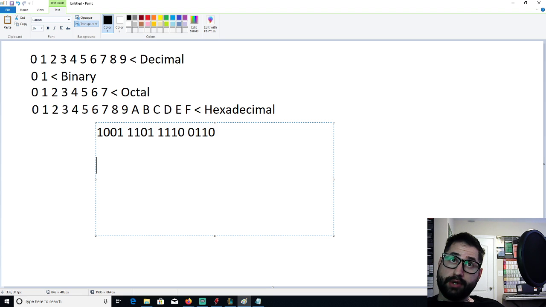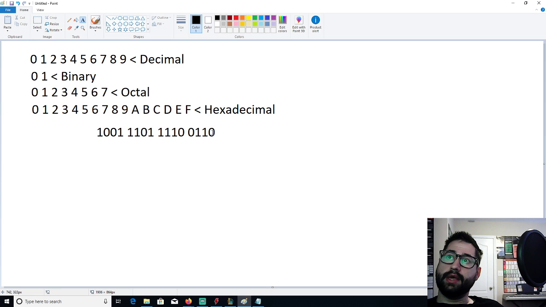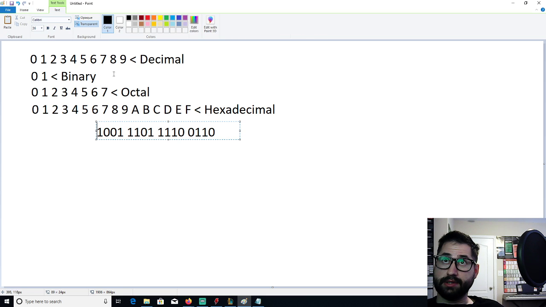But if you look at it, this representation actually aligns perfectly with hexadecimal. That is because with these 4 bits, you can represent a total of 15 in binary. So you say, what do you mean? Well, let's look at this.